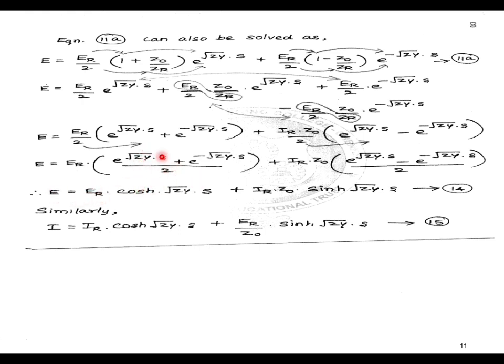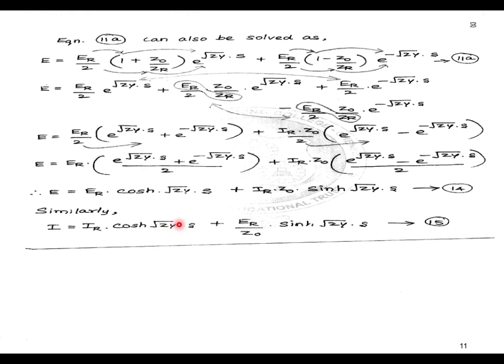So the 2 goes here: e power root of ZY S plus e power minus root of ZY S divided by 2, plus IR Z0 times e power root of ZY S minus e power minus root of ZY S divided by 2. This looks like one formula, that is cosh theta equals e power theta plus e power minus theta divided by 2.